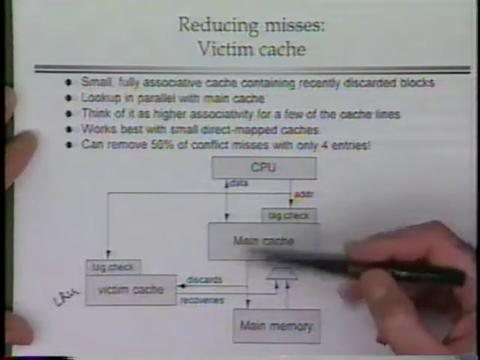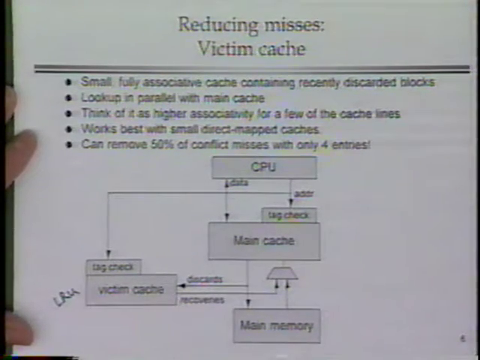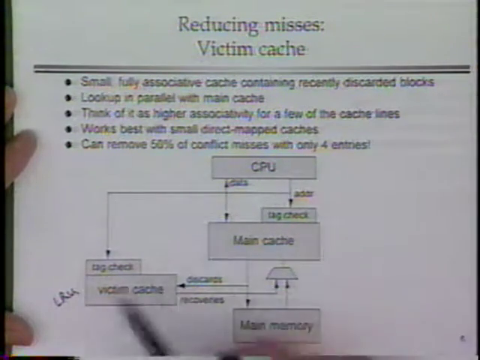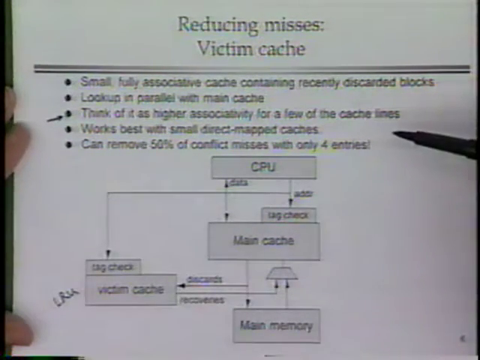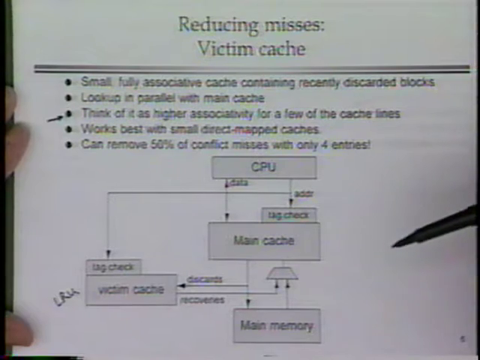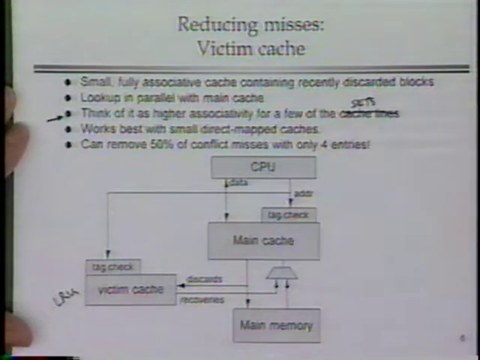So rather than increasing the associativity of everything in the main cache, which if you do it by a factor of 2 makes your cache twice as big, you're increasing the associativity, at least that's the way I like to think of it, of only the sets that you have recently referenced.